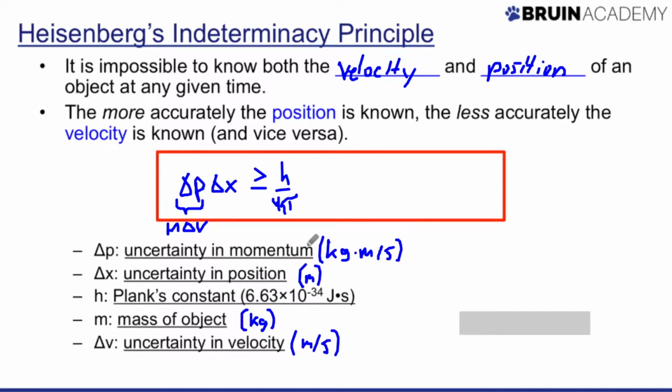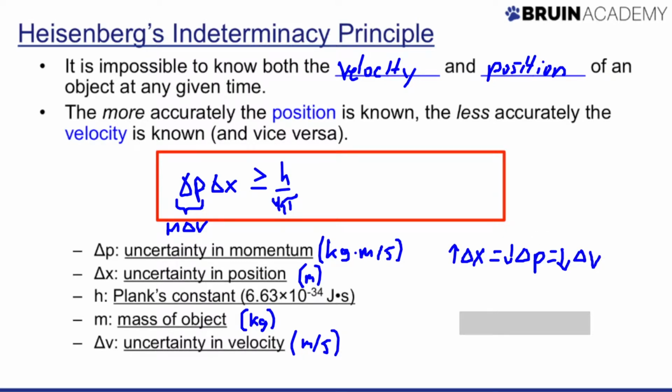All right, so there's a few things to remember here. As your uncertainty in position increases, your uncertainty in momentum decreases. They're inversely related. And that's the same thing as saying that your uncertainty in velocity, because mass is constant, also decreases.